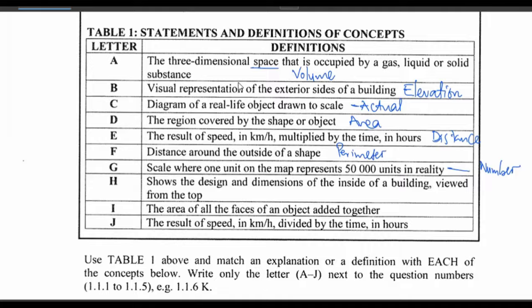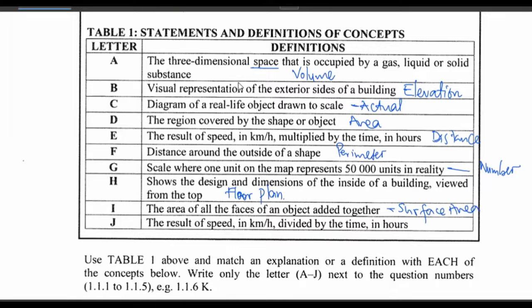Then it shows the design and the dimensions of the inside of a building. Usually this is a floor plan. The area of all the faces is called the total surface area.